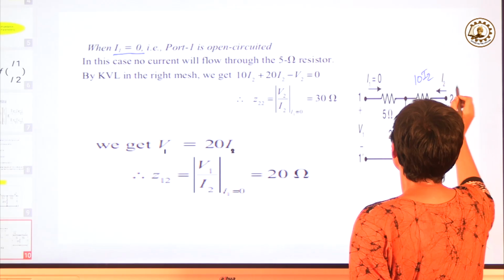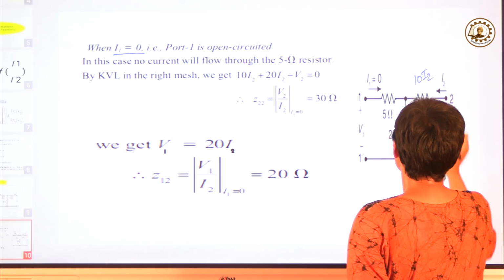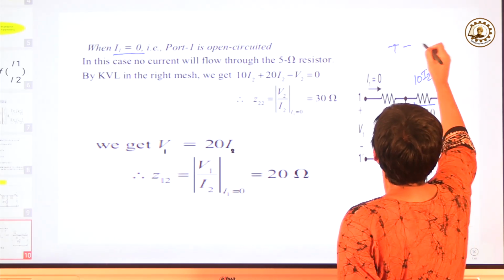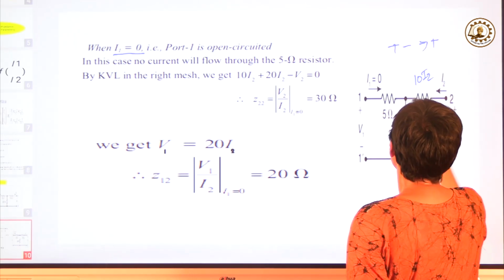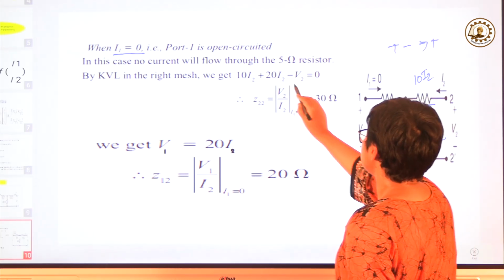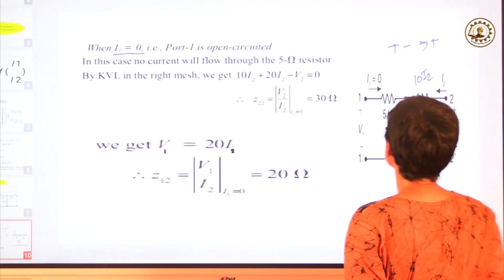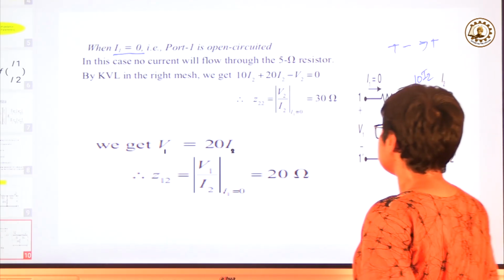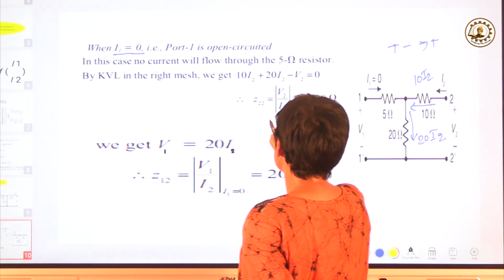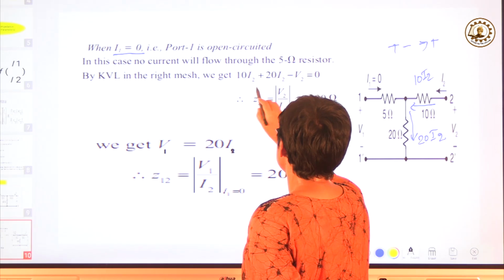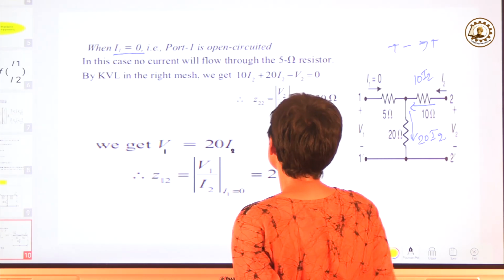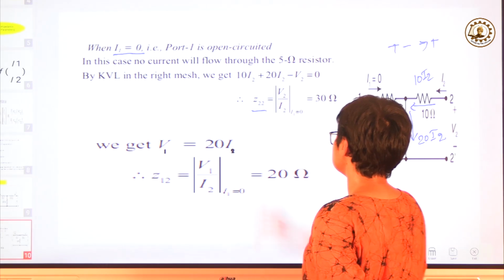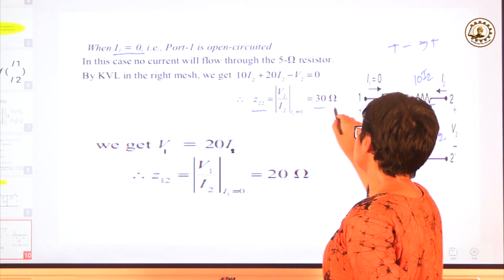So if we take plus to minus as positive, this will be negative, so minus V2 equals to 0. So now we are getting a relation between V2 and I2 at I1 equals to 0, which is nothing but Z22. So we got a value of Z22.